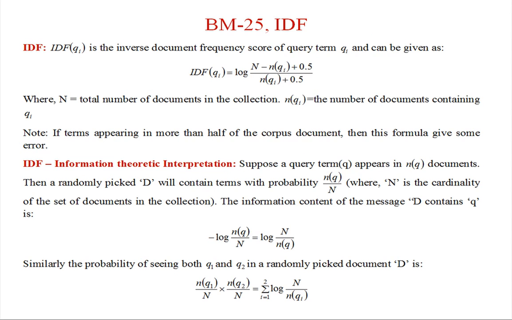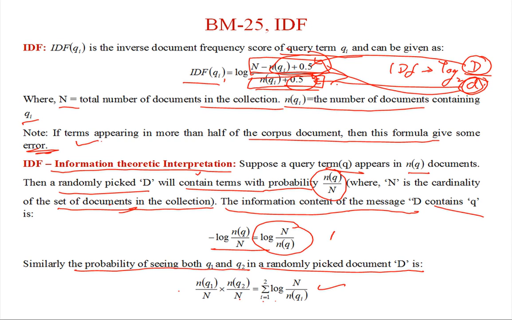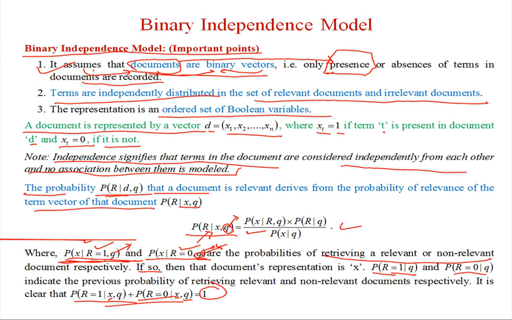Additionally, previously we described the information theoretic background behind the IDF form. Now this is the extension of that background in case of multiple terms. Earlier we had only one term, but here we have more than one query term. So the first thing is to identify whether, with the presence of that query term, the arrived documents are relevant or non-relevant, and likewise if the query term is not present.